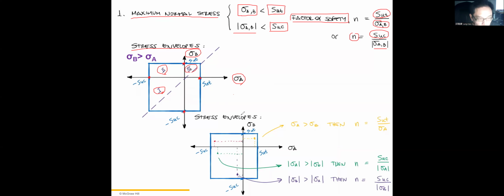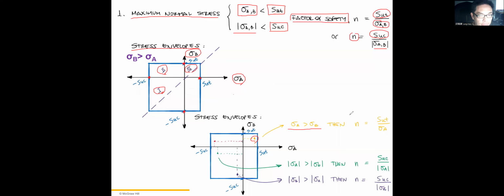For example, in the first quadrant, we can assume sigma A is greater than sigma B. We just assume the stress condition is located in the first quadrant of the stress envelope.